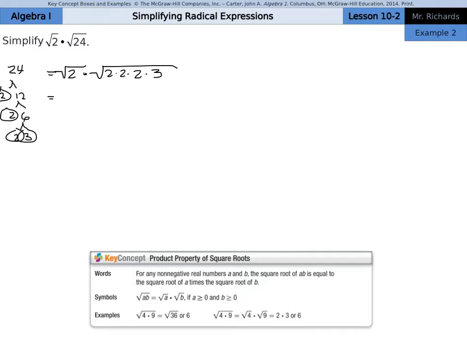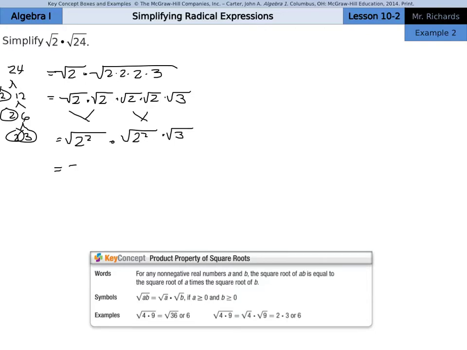What if I break these all apart so I can regroup them next? The square root of 2 times the square root of 2 times the square root of 2 times the square root of 2 times the square root of 3. If I take these two square roots of 2, this is the square root of 2 squared. If I take these two, it's the square root of 2 squared, as 2 times 2 is 2 squared. Then we're left with the square root of 3. The square root of 2 squared is 2, and the other square root of 2 squared is 2, and we still have the square root of 3. So this becomes 4 times the square root of 3.